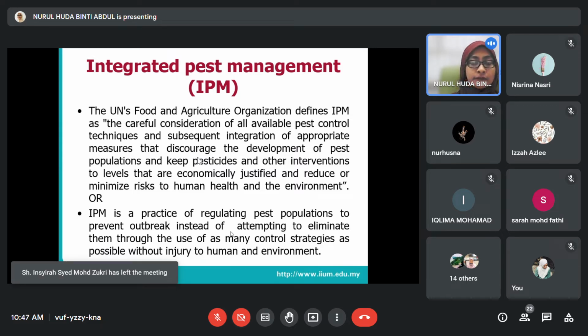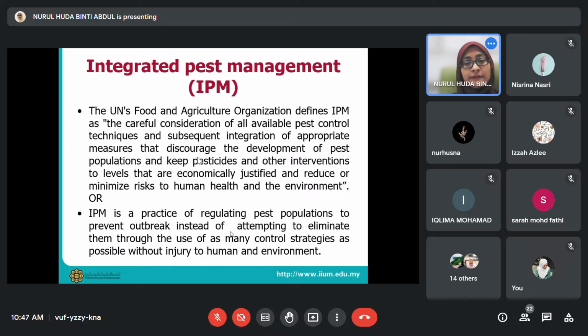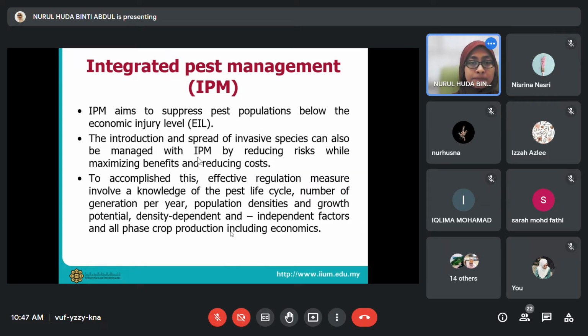Yang pasti you have to remember IPM is combination of all methods, integration of all method to discourage the development, maksudnya to reduce the development of pests, tak nak bagi dia outbreak. And then at the same time, we want to minimize the effect on the human and environment. Okay, so tu adalah the main point for IPM.